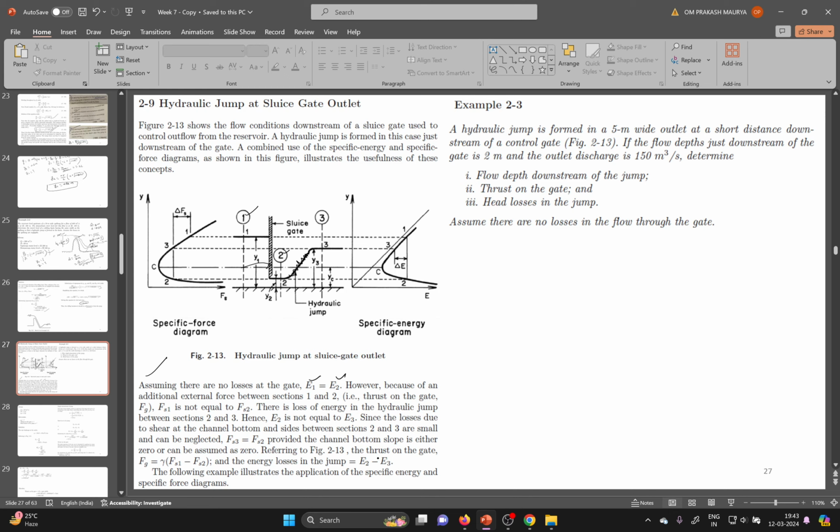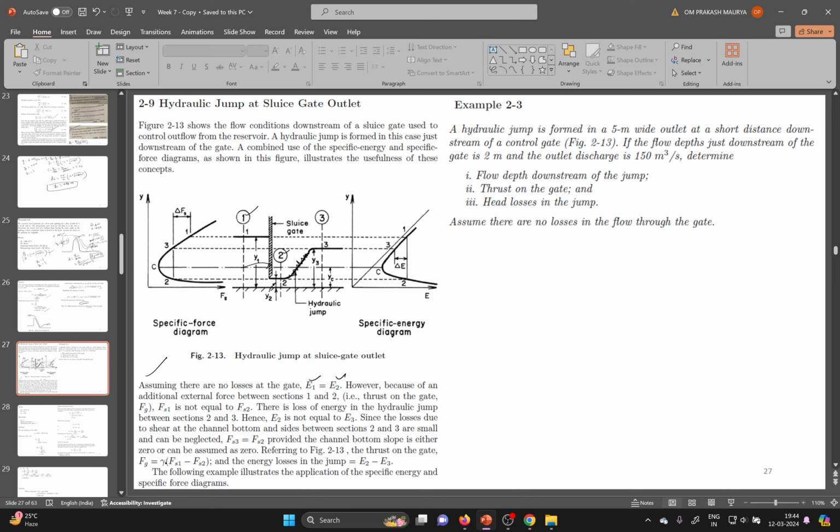One thing more: the thrust acting on the gate is equal to the difference between the forces F1 and F2, because the specific force at section 1 and section 2 is not equal because of the thrust. If we take the difference, we can get the magnitude of the thrust.